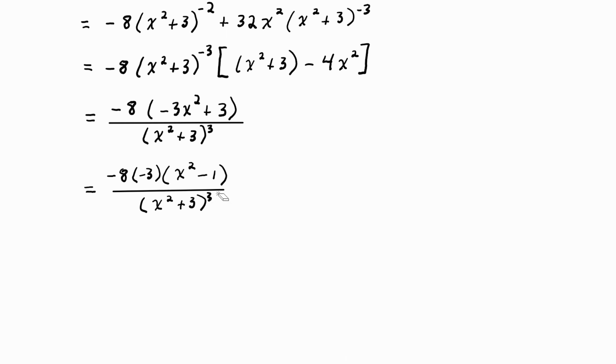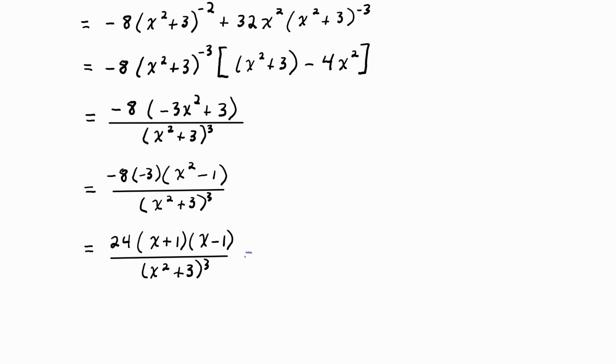We can factor this difference of two squares, so now we have 24 times x plus 1, x minus 1 over the quantity x squared plus 3 to the third power.